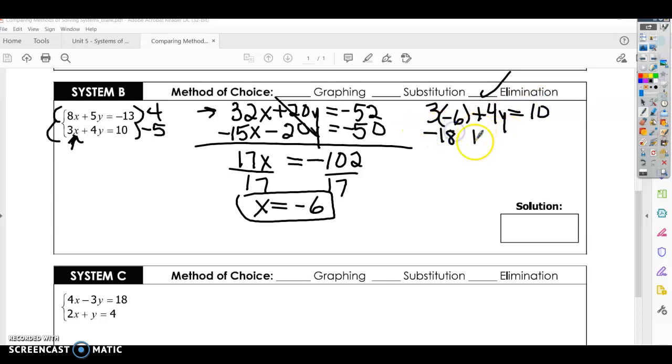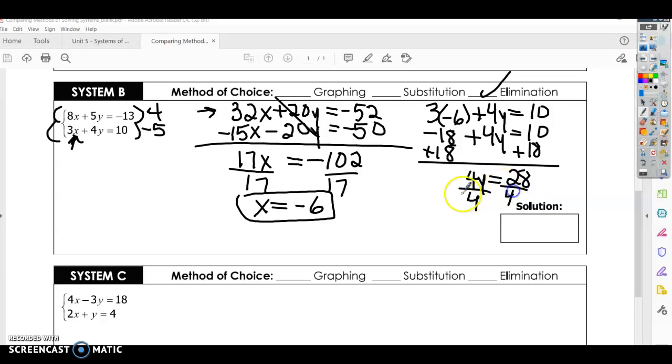So I've got negative 18 plus 4y equals 10. I'm going to add 18 to both sides. And 4y equals 28. So divide by 4, y equals 7. So I've got my x and my y.